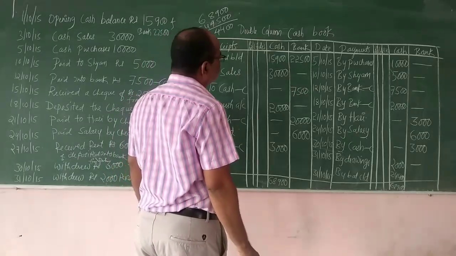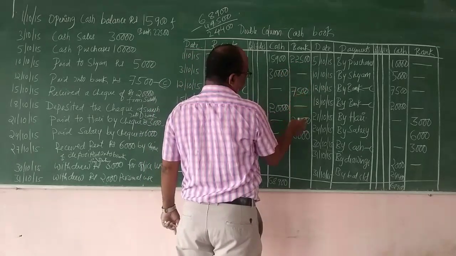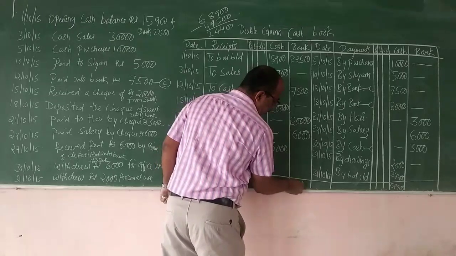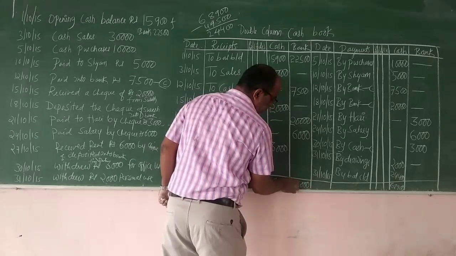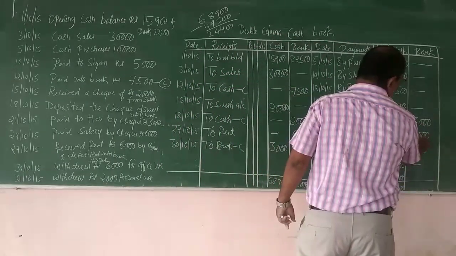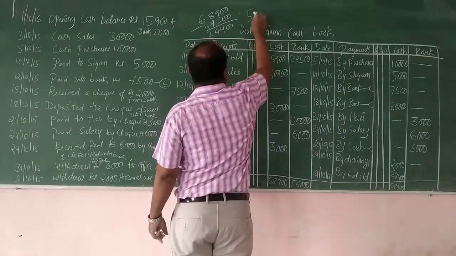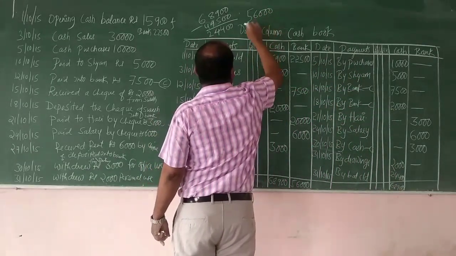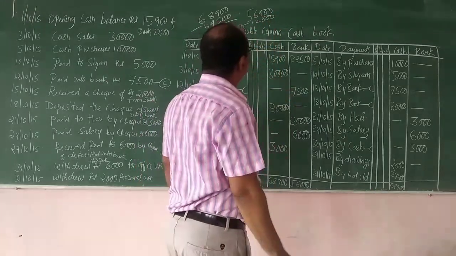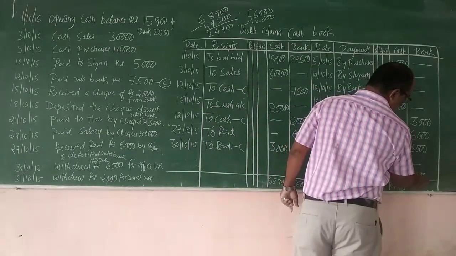And let us see now the bank column. 22,500, 7,500, 30 plus 20, 50, 56,000 is the total of bank receipt side. And payment side is 3,000 plus 6,000 plus 3,000, 12,000. So 56,000 minus 12,000. 44,000 is the bank balance. 44,000.